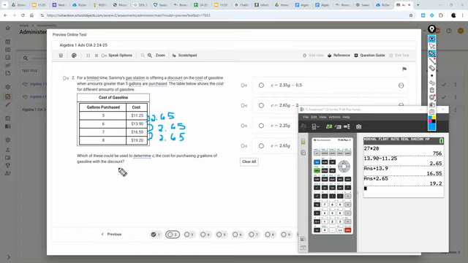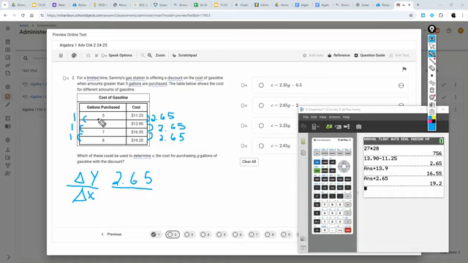Okay, so my change in y is going to be 2.65. And my change in x here is going to be 1. I see it's going to be 1 every time: 5, 6, 7, 8. Every time we're going up by 1.